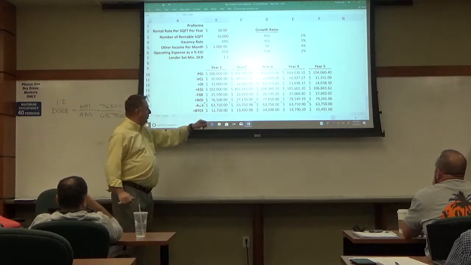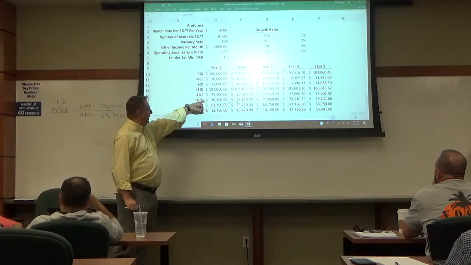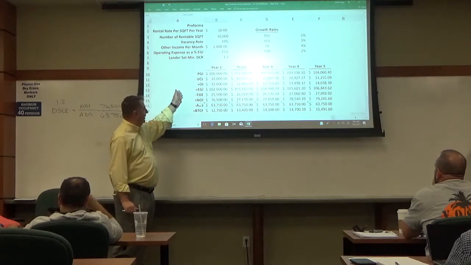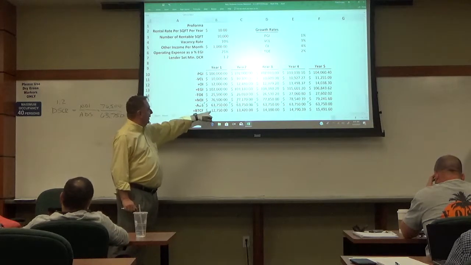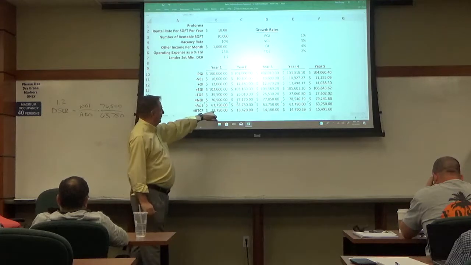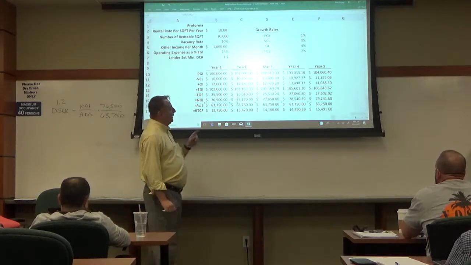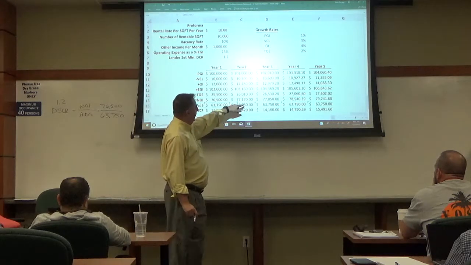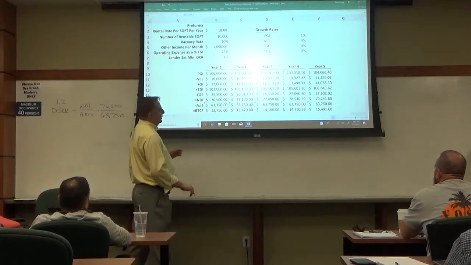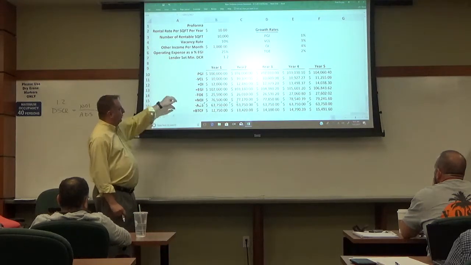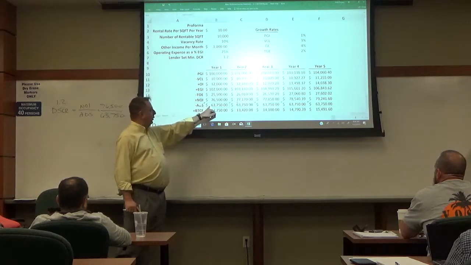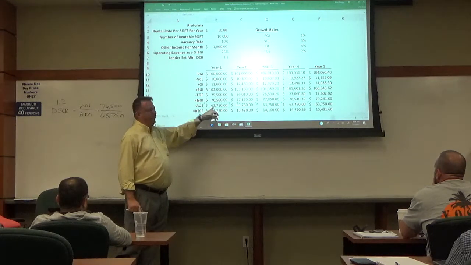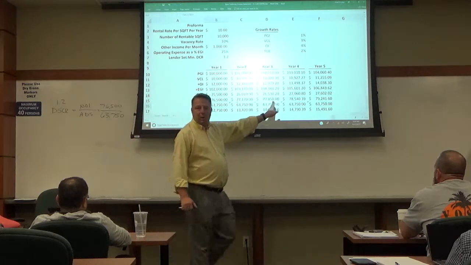Okay, and the last little piece of this is just simply subtracting out the annual debt service from the net operating income to see how much before tax cash flow we have left over at the end of each year. Now, one thing to point out here, and the reason for these little green triangles, is that, unlike what we've done before, we're just simply holding that annual debt service amount constant all the way throughout.